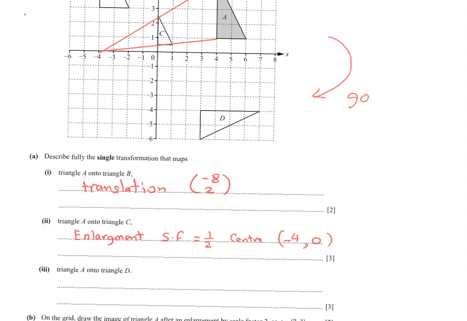Let me check the origin. Take this point and try to find its image. From the center of rotation, if it is the origin, we must move 4 to the right and 1 up. If we rotate 90 clockwise, 4 to the right and 1 up becomes 4 down and 1 to the right. So it doesn't work.